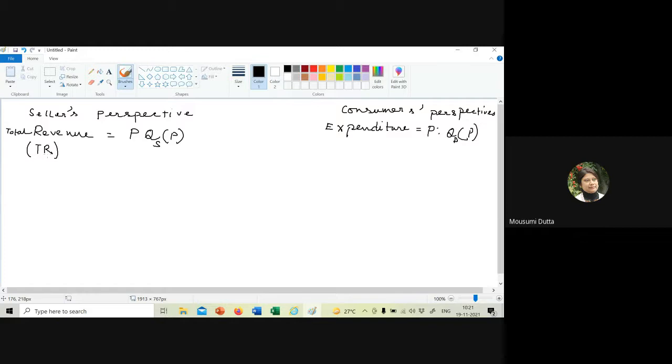TR is equal to P into Q. If I want to find the average revenue, what will I do? TR by Q, that is P.